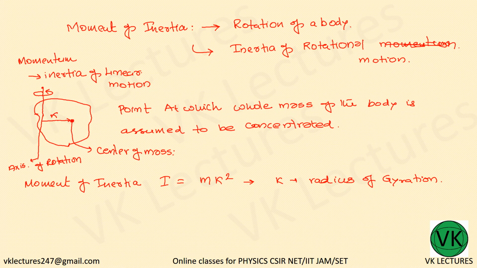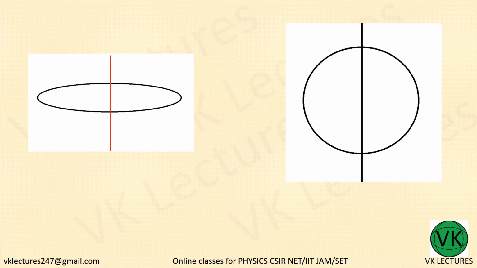Now here we are seeing a circular ring with a radius equal to capital R. So this is the center, and this is the radius of the circular ring, and the axis of rotation is passing through the center.